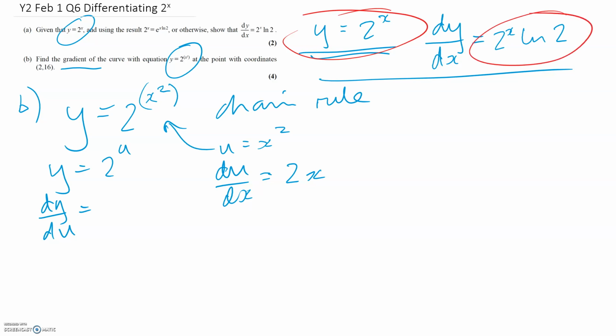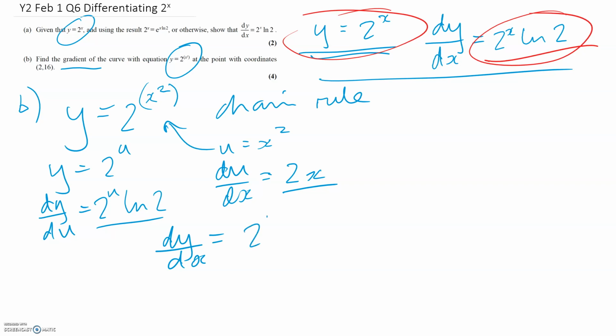When you differentiate 2 to the power of x, you get 2 to the x ln 2. So when you differentiate 2 to the power of u, we're going to get 2 to the u ln 2. And as I'm sure you know from the chain rule, to find dy by dx, you multiply dy by du by du by dx, and so that will give us 2 to the u ln 2 times 2x.